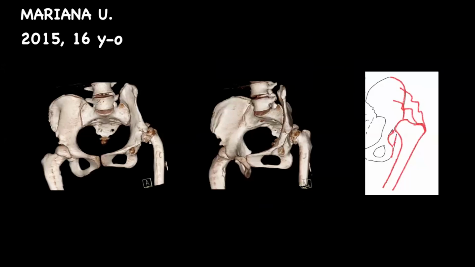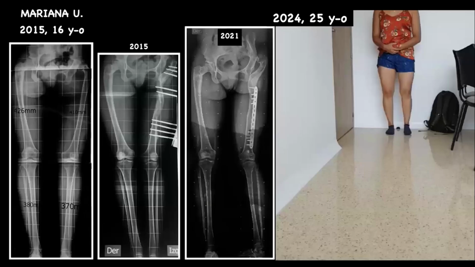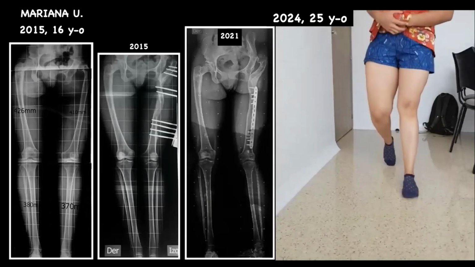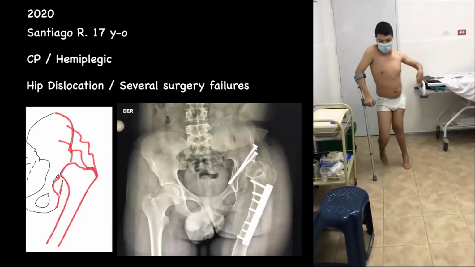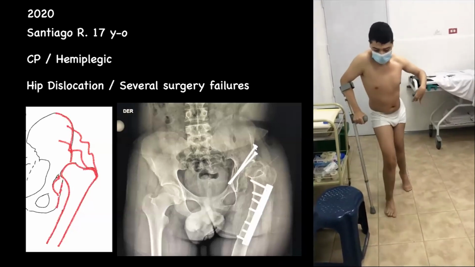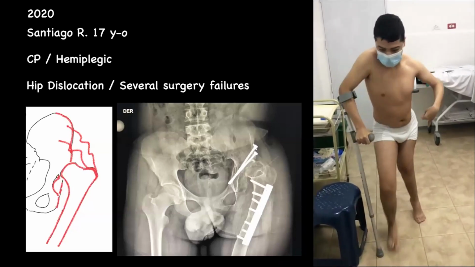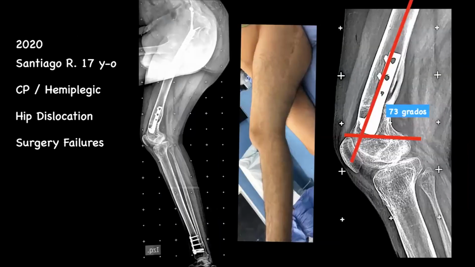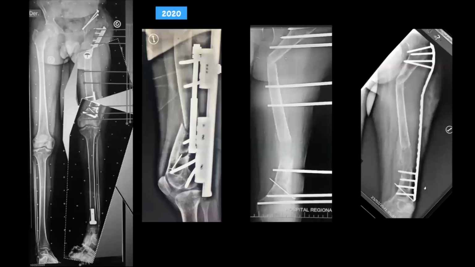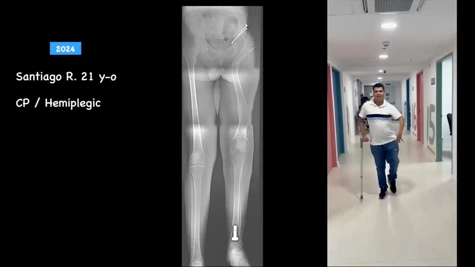That's another case of luxation after DDH with failure of a lot of surgeries, and now after pelvic support and lengthening, you can see the result. We don't normally do a pelvic support in cerebral palsy, but this patient had failure of several surgeries because he's hemiplegic. So we did a pelvic support, corrected all the deformities in the femur, and did the lengthening. So he's walking now.